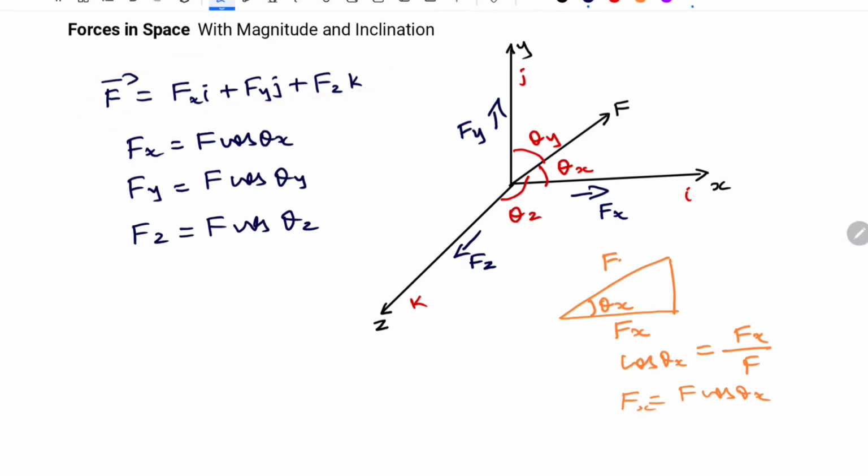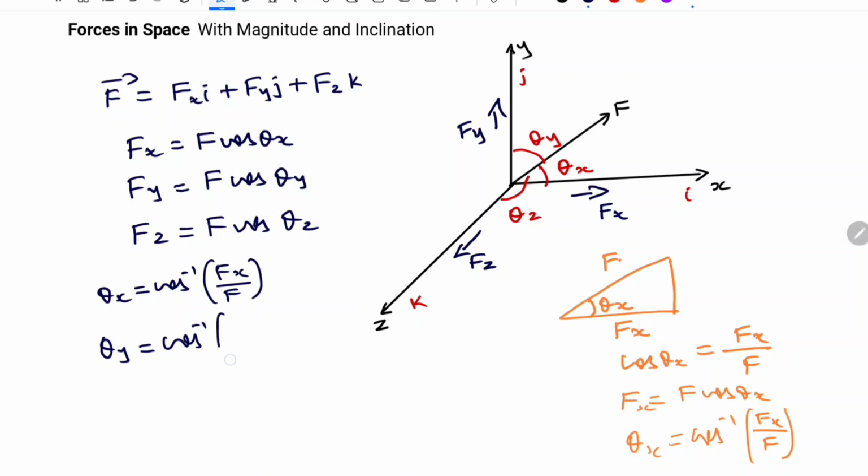Now, if I want to find the value of delta x, we know that delta x is equal to cos inverse of Fx divided by F. For delta y, it is cos inverse of Fy divided by F. Similarly, delta z is equal to cos inverse of Fz divided by F. So these are the three components of force and the inclination of each.